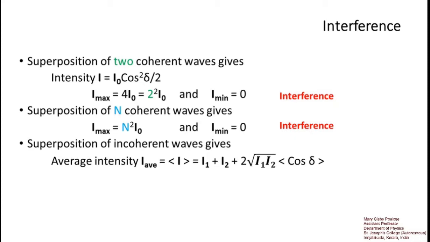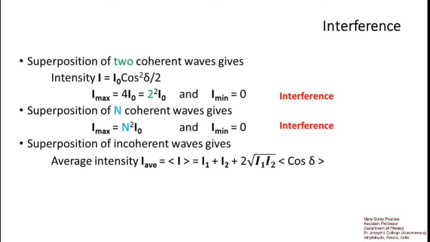This is because we had simplified it into I0 cos square delta by taking into consideration that I1 and I2 having the same amplitude I0. Okay. So for incoherent waves, they need not have the same amplitudes. So I1 will not be equal to I2.